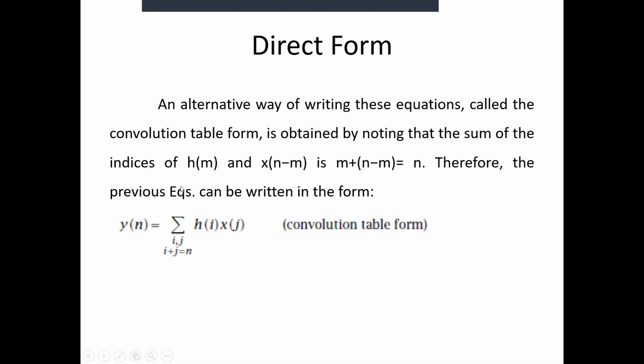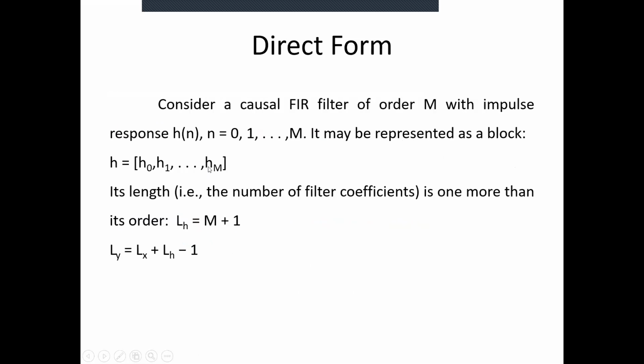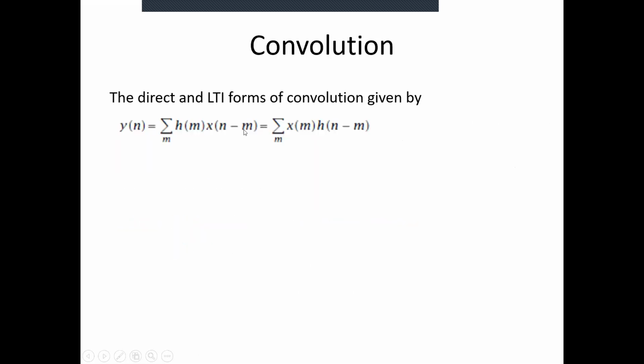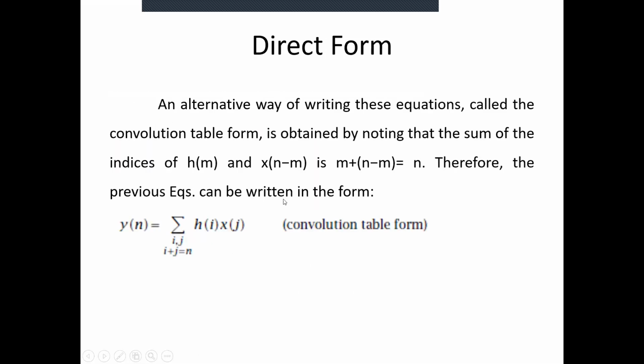Therefore, the previous equation can be written in the form of y of n becomes summation h of i multiplied by x of j. Here we have multiplication between h of i and x of j.